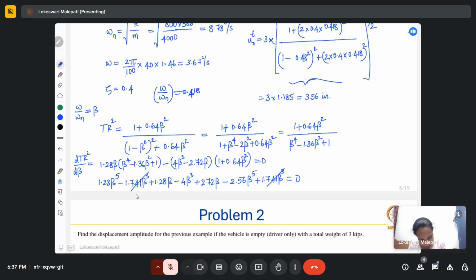Please try to solve this equation and find the value of beta. So this term and this term get cancelled. So we have minus 1.28 beta power 5.